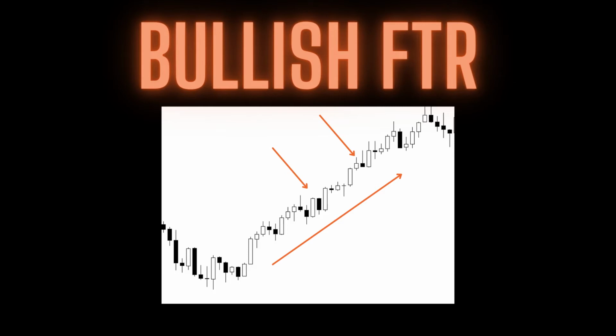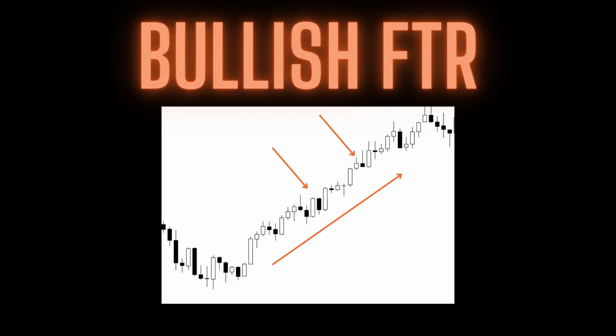And in this example we have again a bullish trend happening, higher highs, higher lows. In the first arrow we can see a bullish candle. Then we have a bearish candle, which is smaller, and it's basically inside the previous bullish candle. And then the next candle was a bullish candle, and it continued rallying.